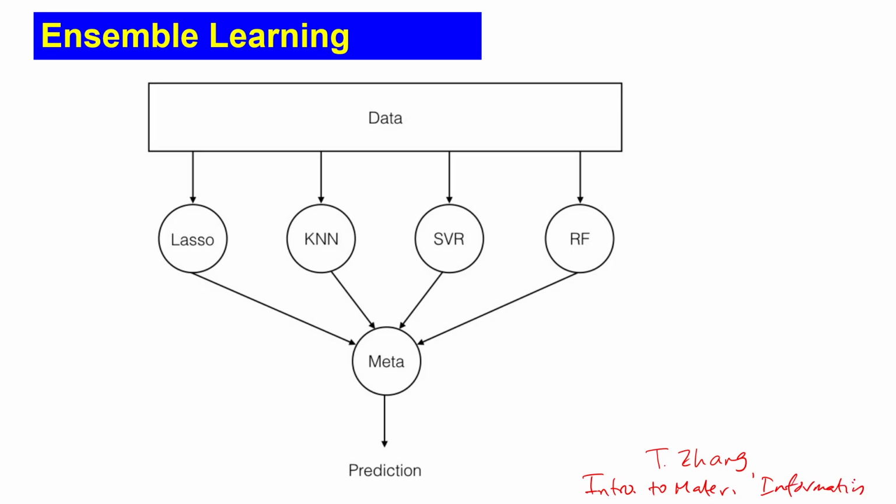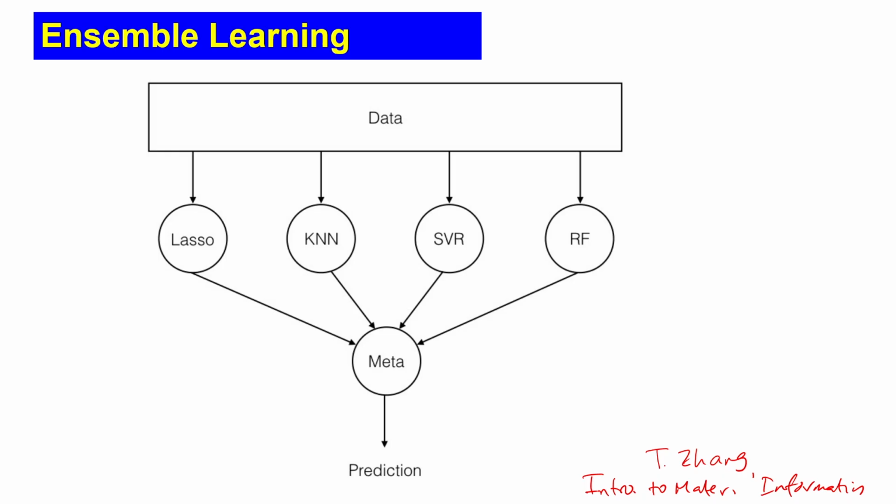Here you see you have a data and you have 4 different learners, Lasso already have learned, KNN, k nearest neighbor, SVR, support vector regression, random forest, correct. And when you combine them together, you get a meta learner and that provides the predictions. The ensemble learning is putting things together, right, hope you understand very clearly.